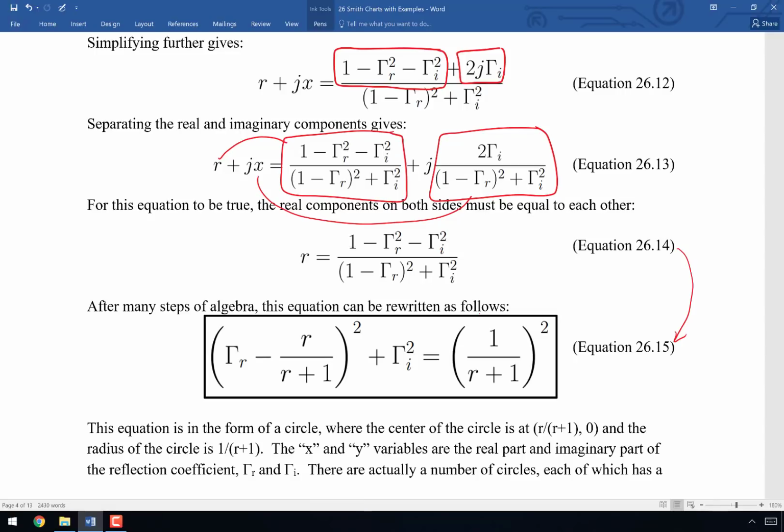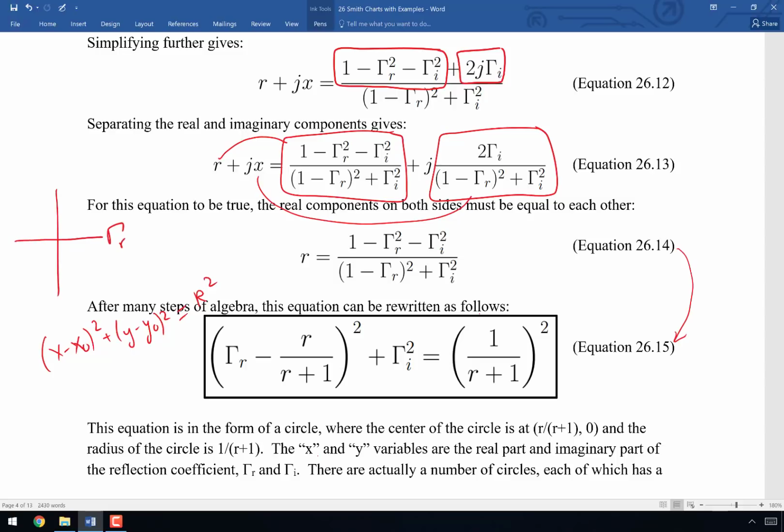What that means is that 26.15 is actually the equation of a circle. I don't know if you remember, but we have x minus x0, the quantity squared, plus y minus y0, the quantity squared, is equal to r squared. If we're going to plot this graph, it's on the complex gamma axis.